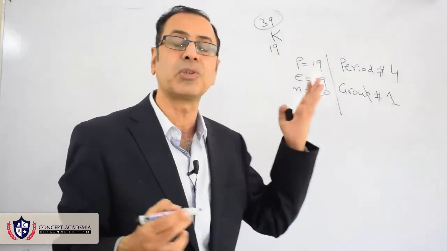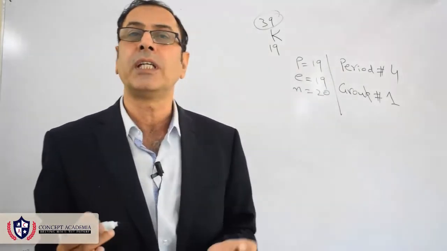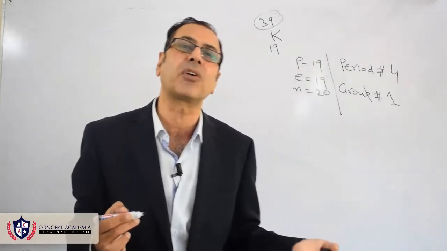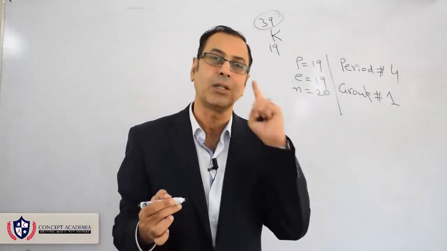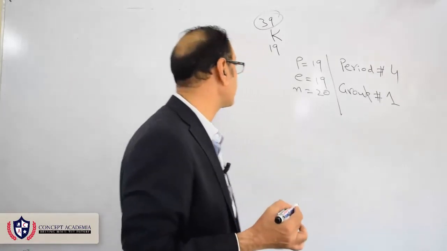The group number is 1, so the group number tells us the number of electrons in the last shell. So in the last shell of potassium, there is only 1 electron.